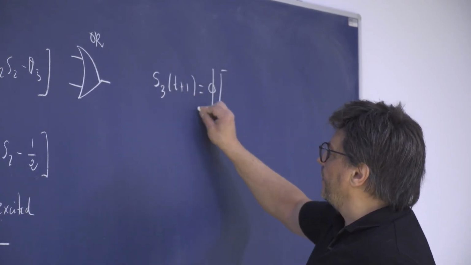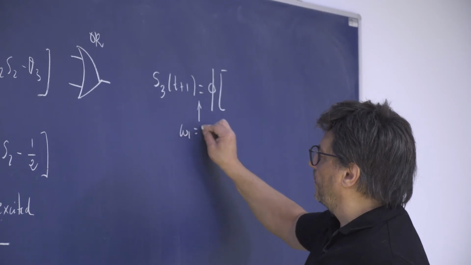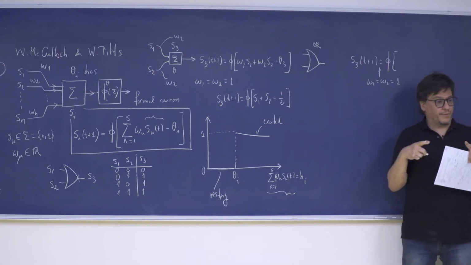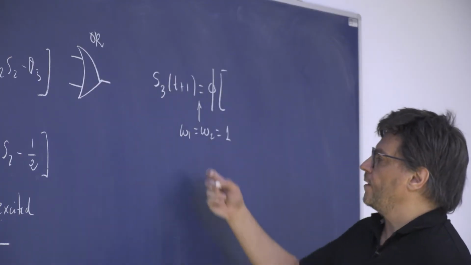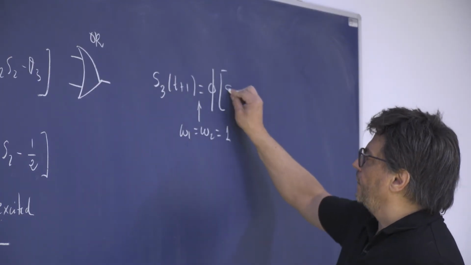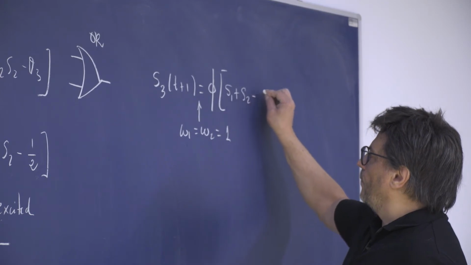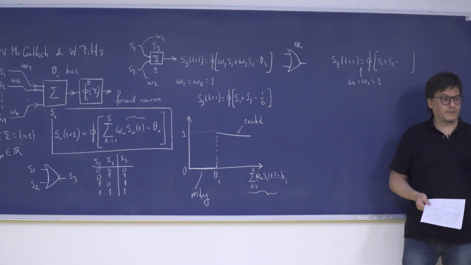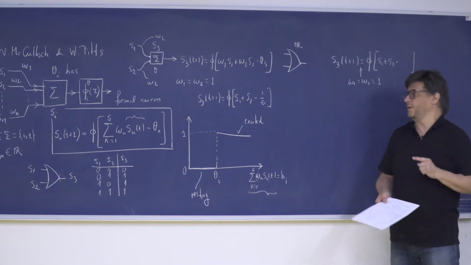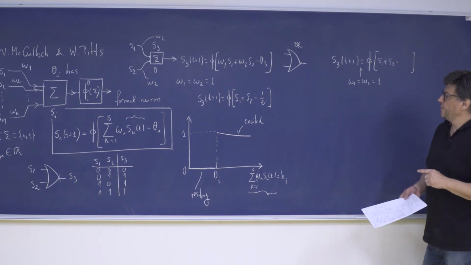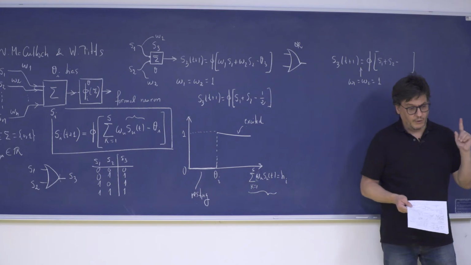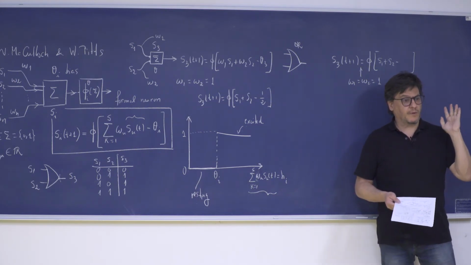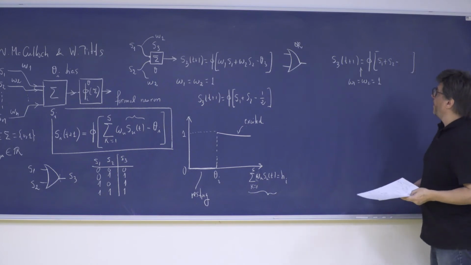Imagine I choose again this excitation for both input neurons, so omegas are 1. I need a new threshold that now has to act in the following way. Remember that an AND function is such that only one case goes through. It's 1, 1. 1, 1 provides a 1 as an output, okay?